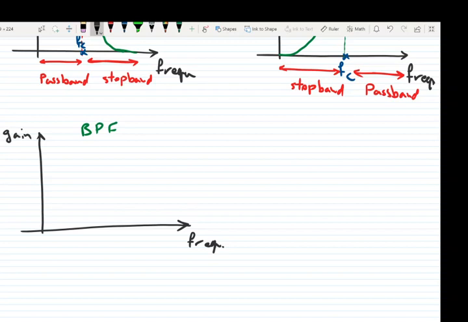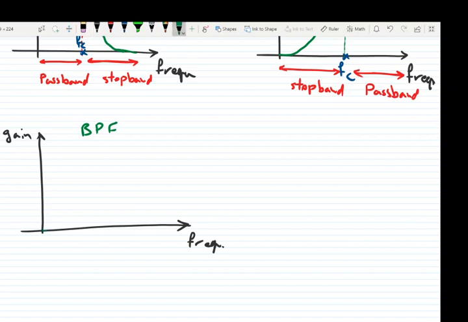Band pass filter has two cutoff frequencies: cutoff frequency low, cutoff frequency high. It allows the frequencies between these two cutoff frequencies to go through the circuit.